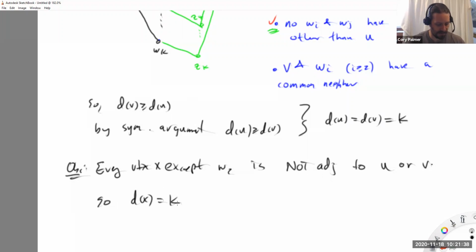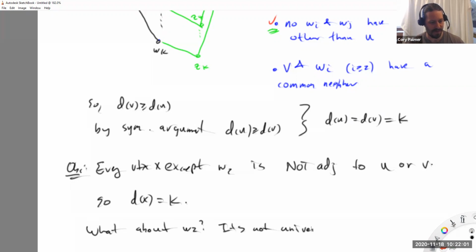But that's easy. So D of X equals K, and what about W2? Here we use universal vertex, finally. W2 is not universal. So there's a vertex to which it's not adjacent, a Y that it's not adjacent to.